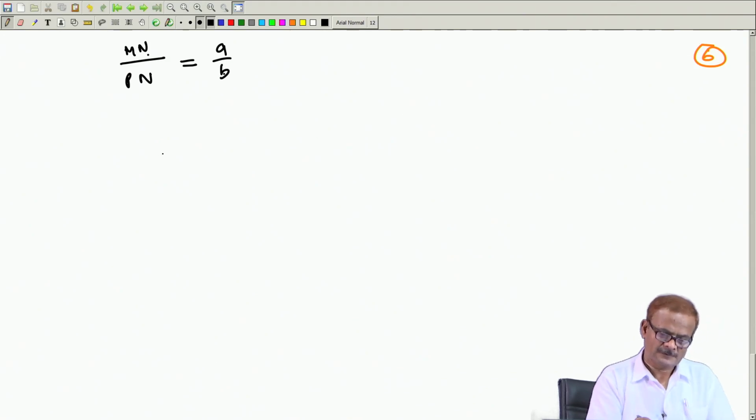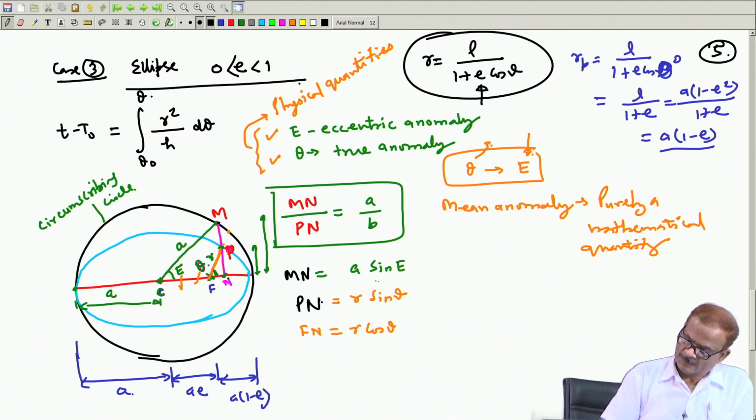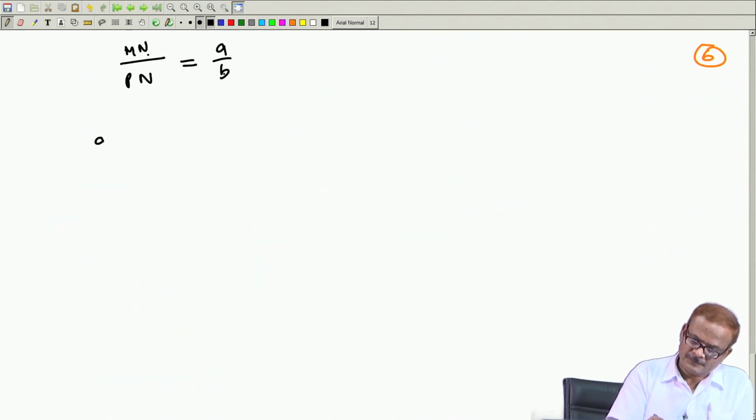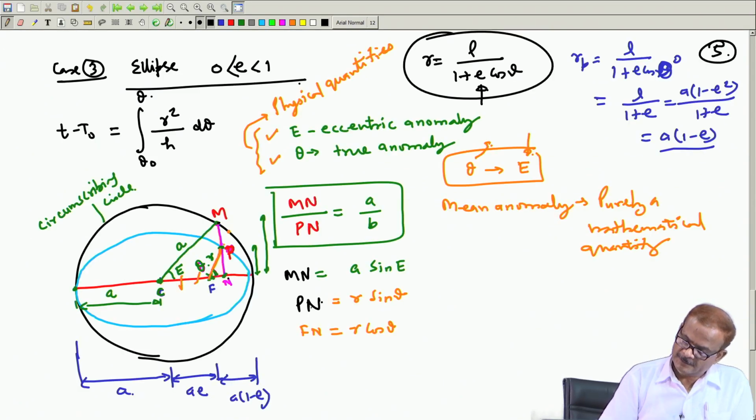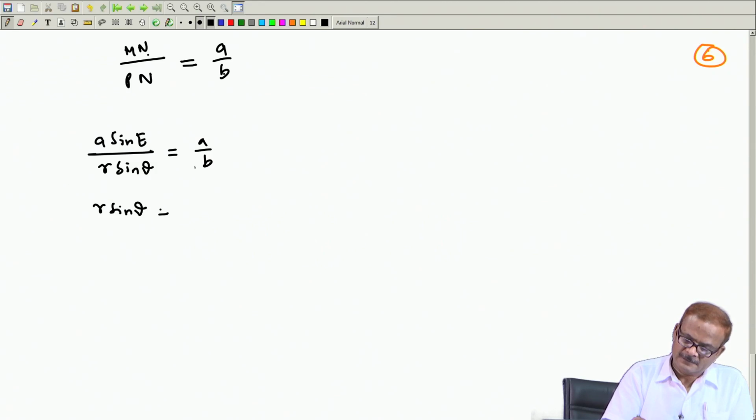Now, we solve this. Mn we have written as a sin E, and Pn as r sin theta, equal to a by b. So, a cancels out, and we get r sin theta equal to b sin E.